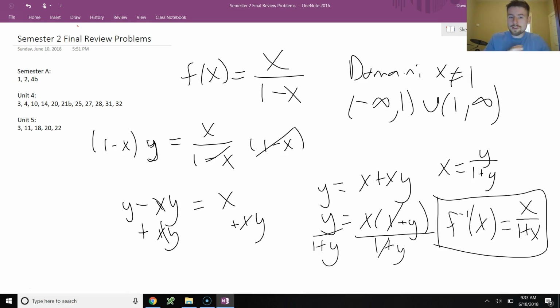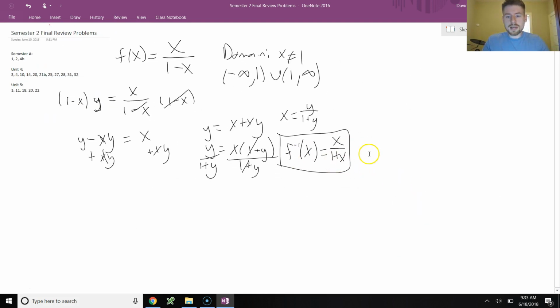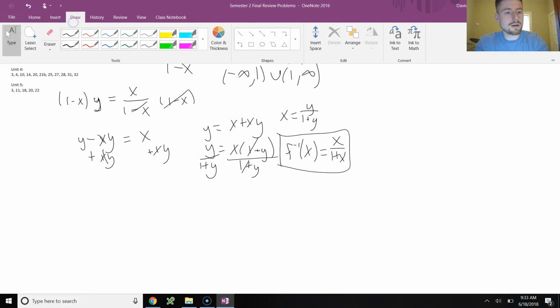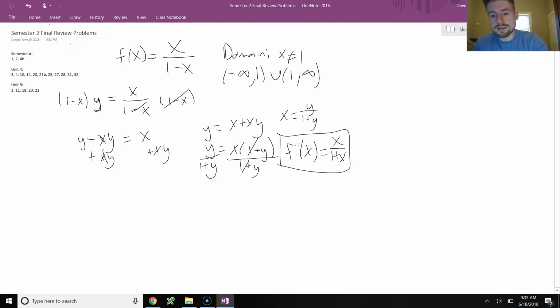This is the undoing function for the original one. And I can identify the domain of this function pretty easily. Let me zoom out a little. So the domain of this function is x cannot be negative 1.